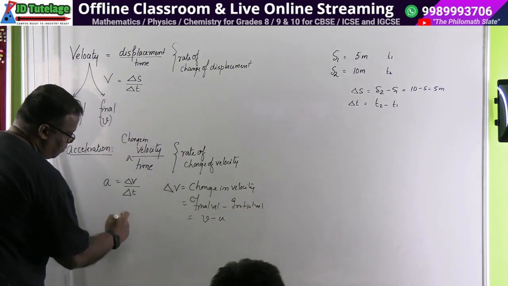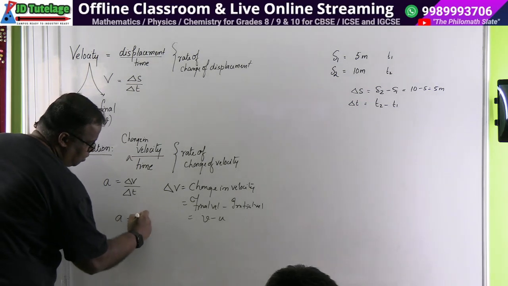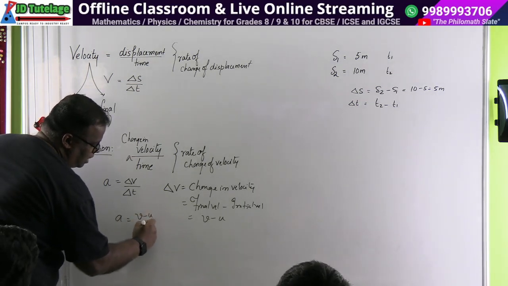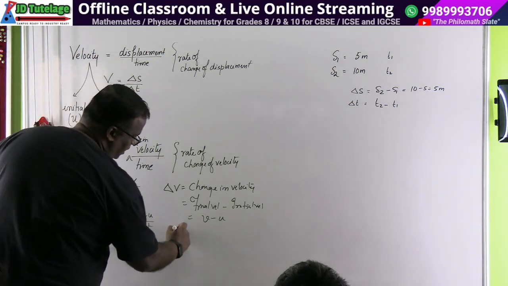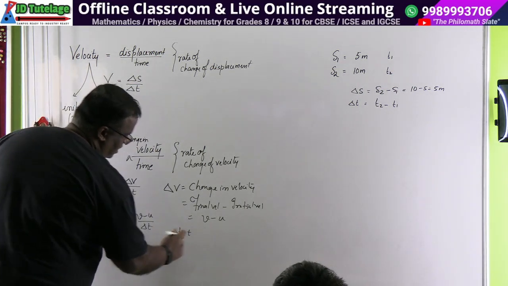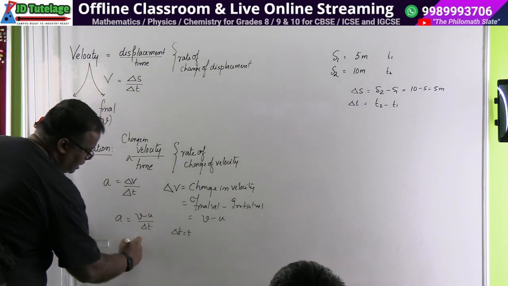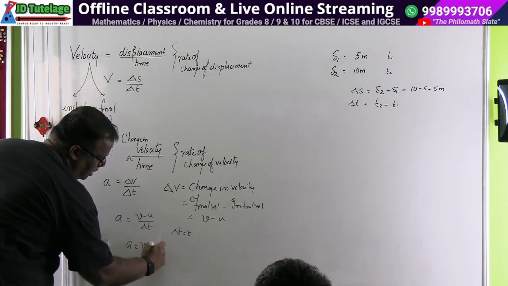So the formula is a equals v minus u by delta t. And if delta t is written as t, then a is equal to v minus u by t.